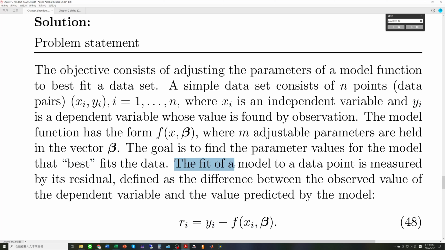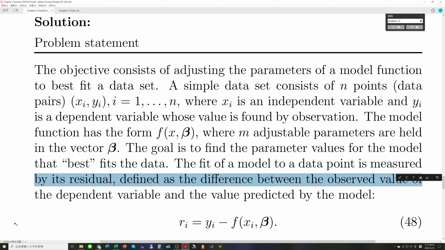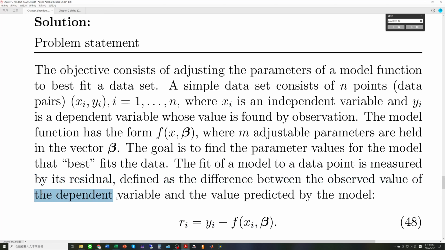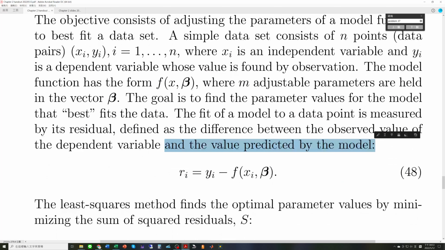The fit of a model to a data point is measured by its residual, defined as the difference between the observed value of the dependent variable, that is yi, and the value predicted by the model. So the residual Ri is equal to yi minus f of xi, beta.